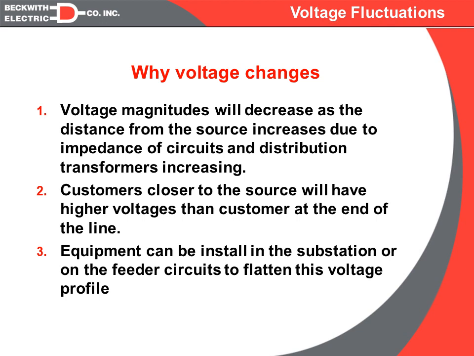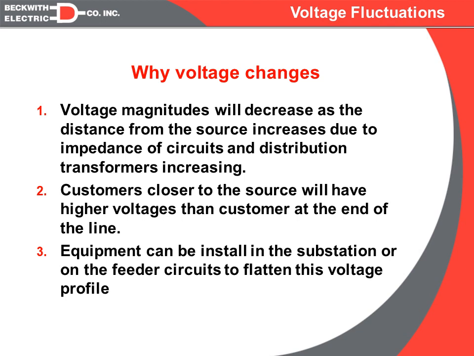The reason we want to minimize the amount of voltage drop is obviously we can only reduce the voltage to the point where the customer with the lowest voltage is still above 114 volts on their meter. So if I have a 10 volt drop and I must maintain 114 at the lowest, that means at the highest I must be at 124, and therefore I cannot reduce the voltage that much.